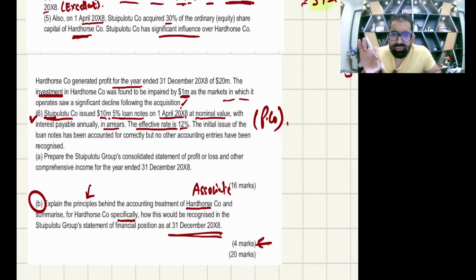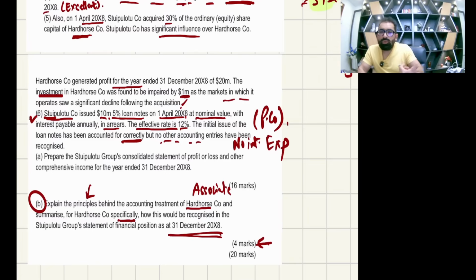So the initial issue of the loan note has been accounted correctly, very good, but no other entries have been made. That means no interest expense has been recorded. So we need to record the additional interest expense for 9 months.